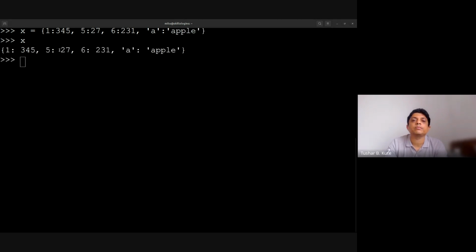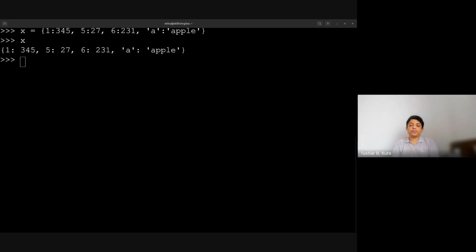Now see, this is x, and this x is a data structure. We store data in key value pair format. 1 is the key, 345 is the value, 5 is the key, 27 is the value, 6 is the key, 231 is the value, a is the key, apple is the value.